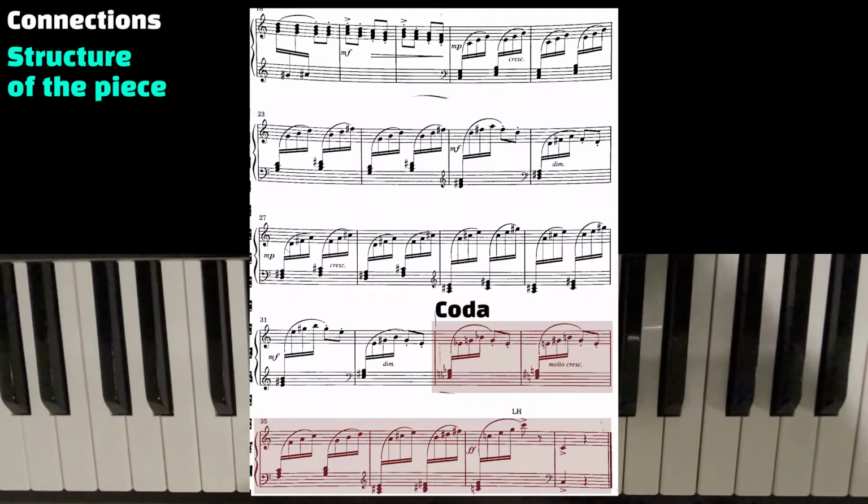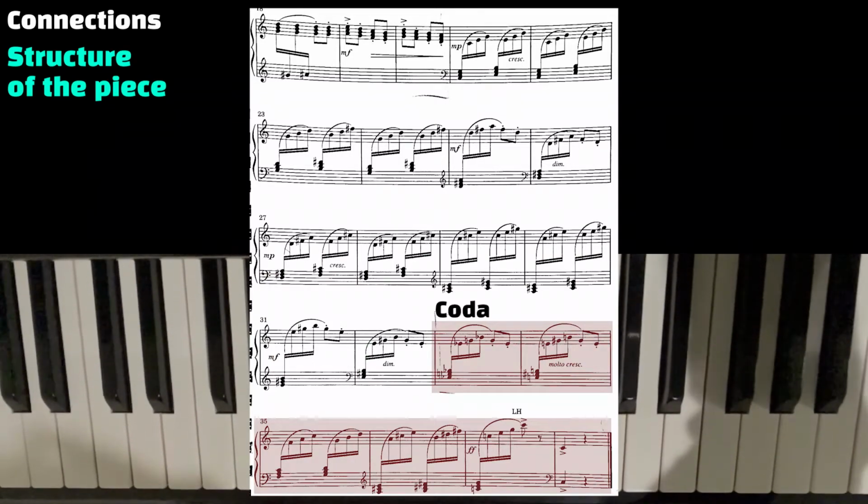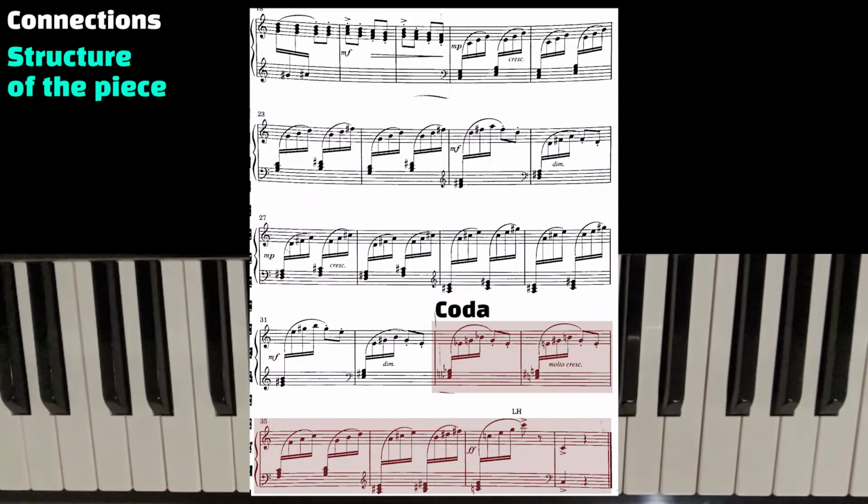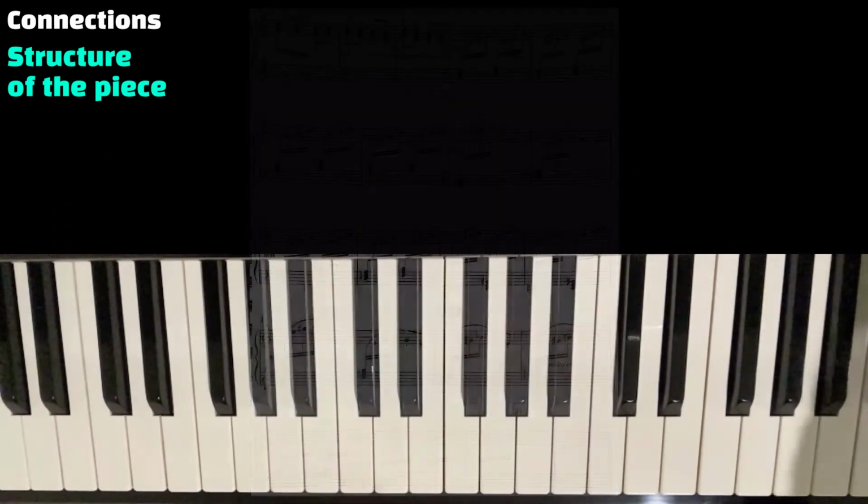So you have a big picture of this form. Recognize that you have exactly the same area, the A section again after B. If you have a big picture like this, the piece as A, B, A and the coda, then it's easier to imagine the whole song.